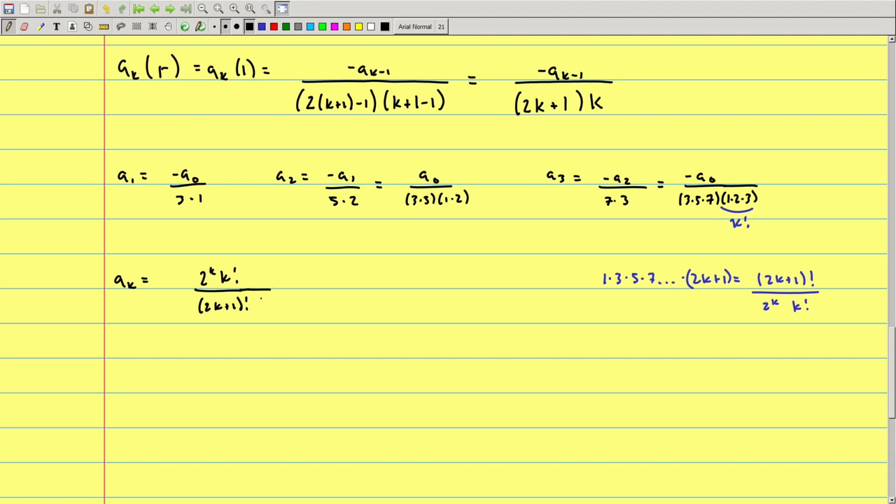We have also in the denominator k factorial for this part. Those two things are going to divide out. And then we have a naught and -1 to the k power.